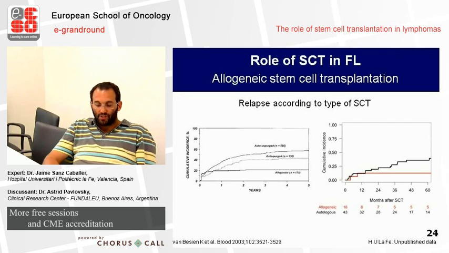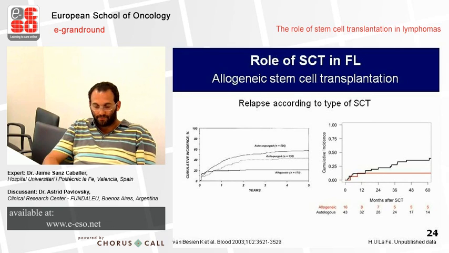The existence of the graft-versus-lymphoma effect mediated by donor T cells is supported by the observation of lower relapse rates compared with autologous, as shown in these 2 figures. In addition, for patients with indolent lymphoma who relapse after allogeneic stem cell transplant, disease regression has been reported after withdrawal of immunosuppression medications and after donor lymphocyte infusions.